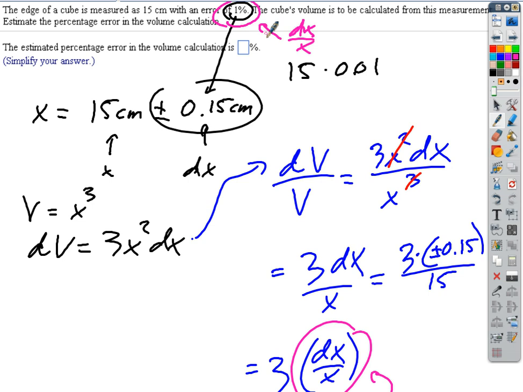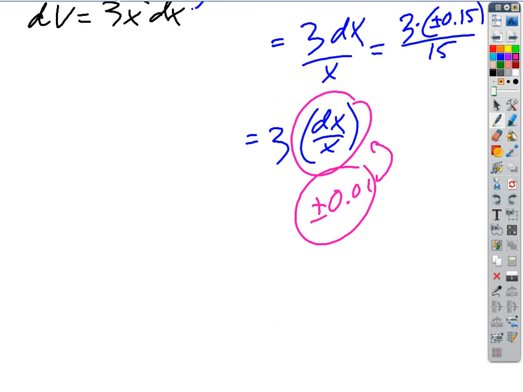It's fine. If we had plugged this in, look what we would have gotten. If we had done that calculation, we would have gotten plus or minus 3 times 0.15 is 0.45 over 15. Well, what's that going to be? 3%. Yeah, either way.